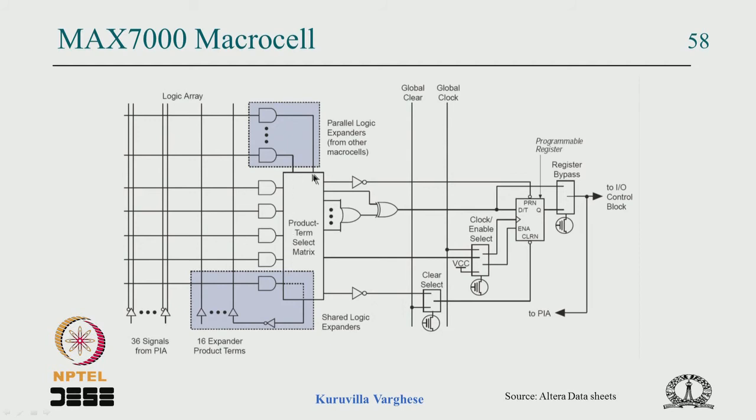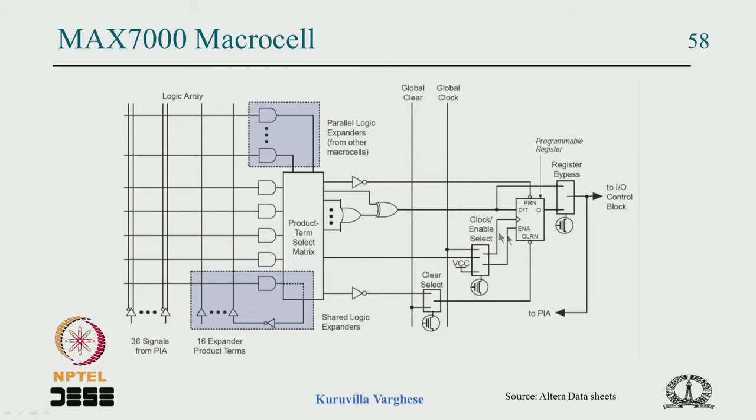There is a switch here which is called product term allocator or distributed, or Xilinx calls it product term select matrix, and that allocates the AND gates to the OR gate or XOR gate or various other purposes which we will see. So this is a kind of switch with which you can choose whether an AND gate should be connected to OR or XOR or this inverter and so on.